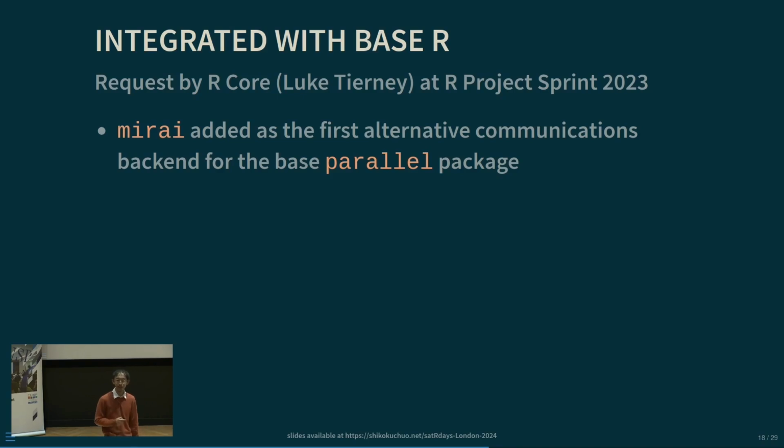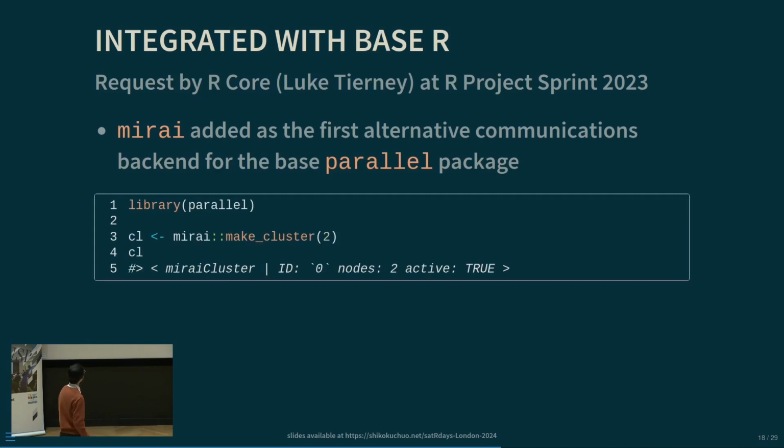So that was something non-trivial that we ensured that Mirai is correct in that respect. And so if we call the Mirai make cluster function, that basically creates a Mirai cluster, and you can use all your parallel functions in the same way as the clusters that you had previously.